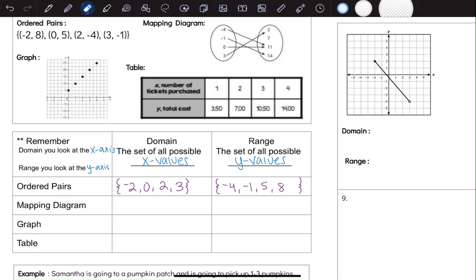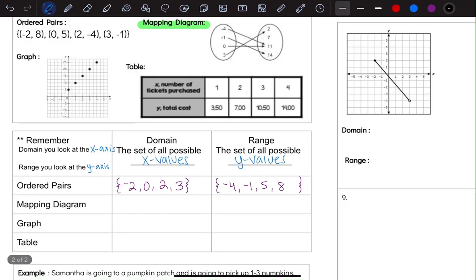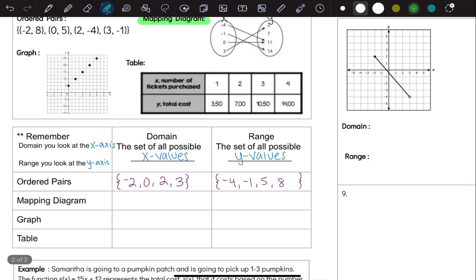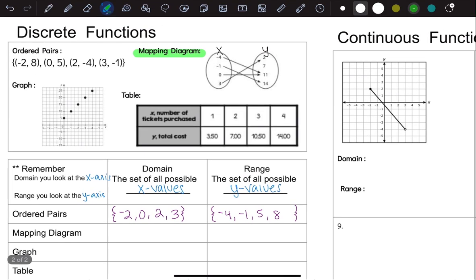Now for the mapping diagram. For the mapping diagram, remember, the left side is our x and the right side is our y. We're going to write down our x values in order from least to greatest.